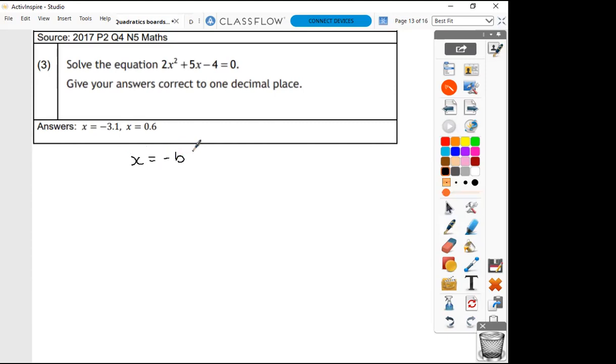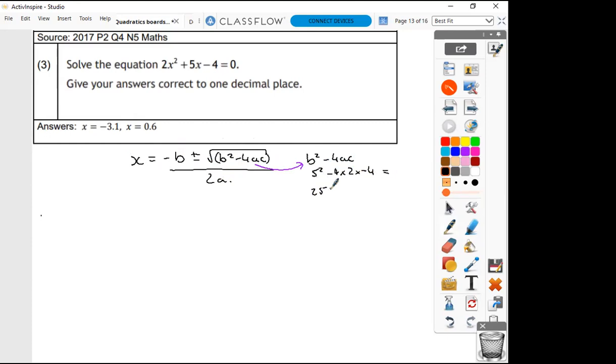x equals minus b plus or minus root of b squared minus 4ac all over 2a. You can even do that part separately. I'd probably recommend that you do, and then just substitute it in. So you'd have 5 squared minus 4 times 2 times negative 4.